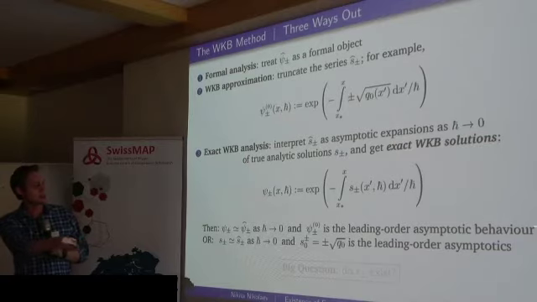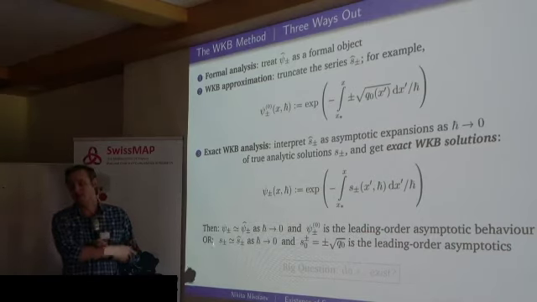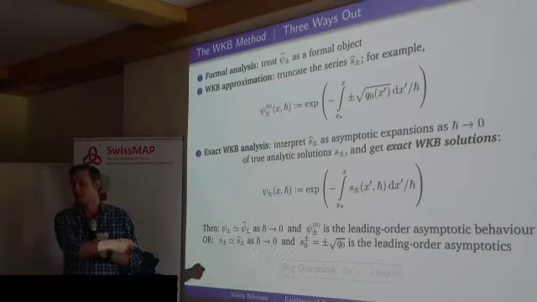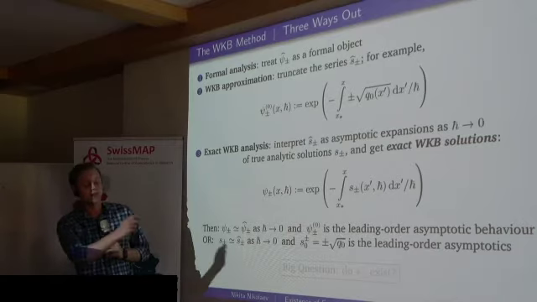Another way of saying this is that you want an analytic function S plus minus whose asymptotic expansion is this formal power series S hat, and the leading order is fixed.